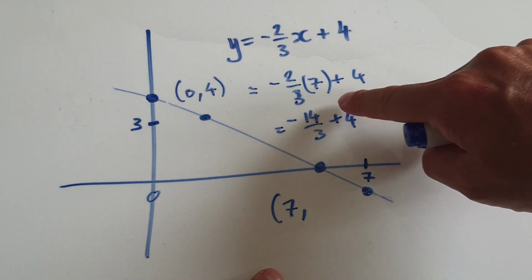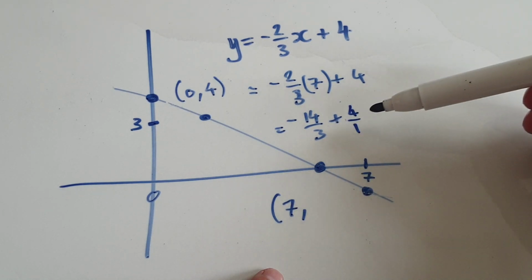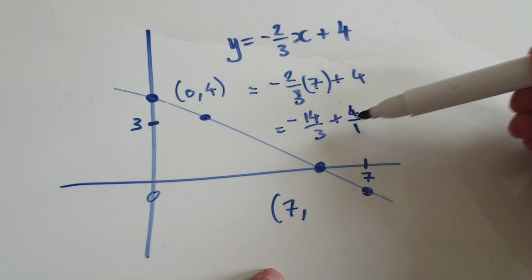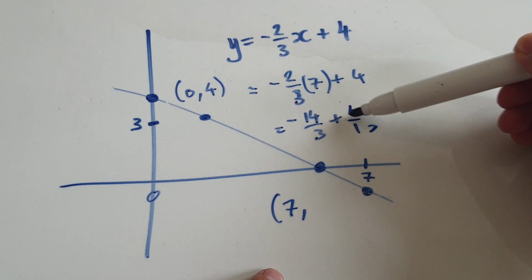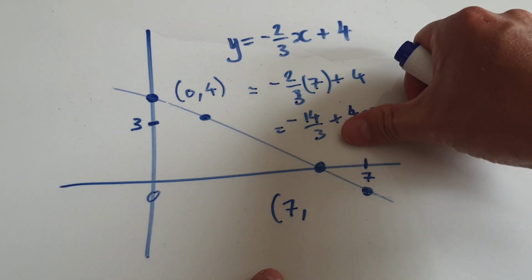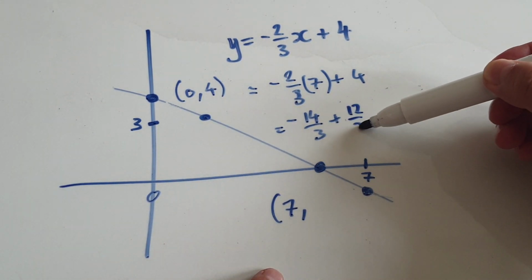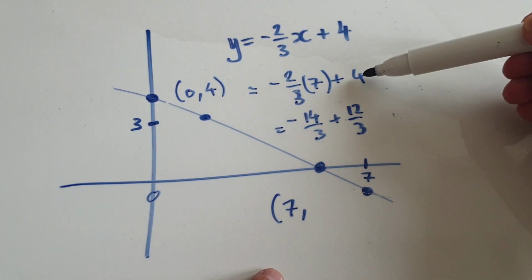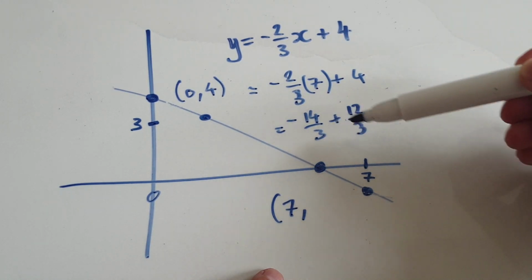To add the two fractions, turn this into a fraction and get the two denominators to be the same. So times top and bottom here by 3. So this thing here will become 12 over 3. By the way, 12 over 3 is the number 4, it's just written differently. But the good thing is that the two denominators are the same.